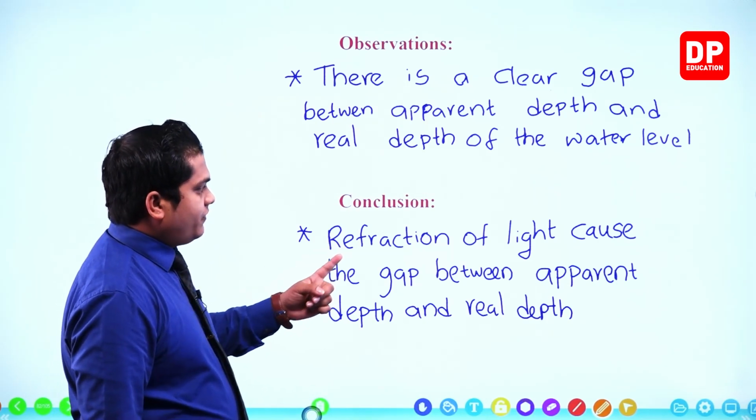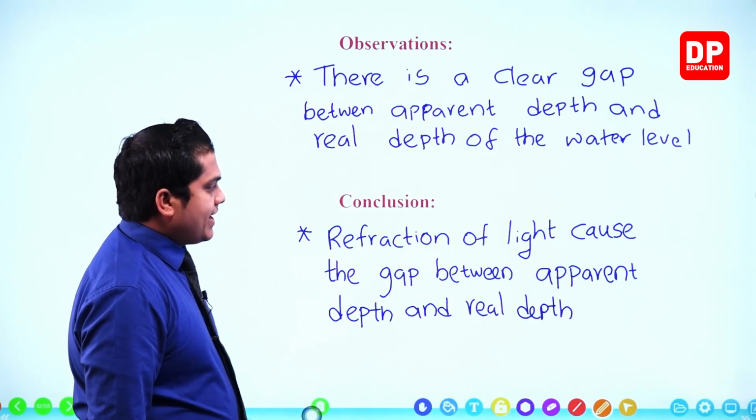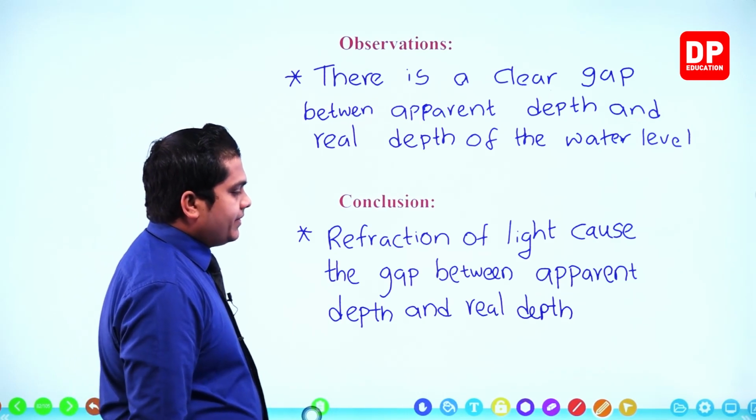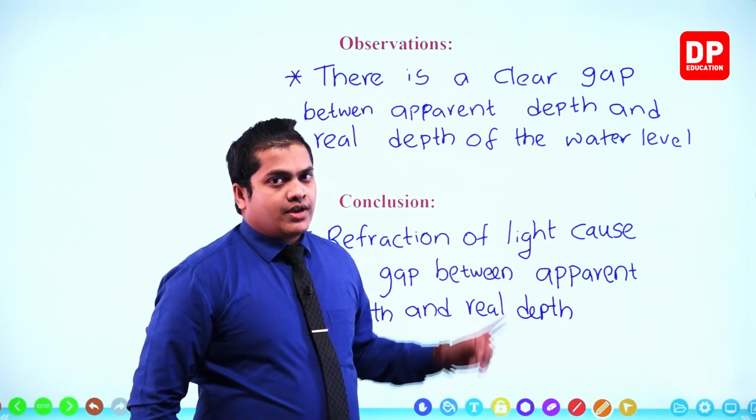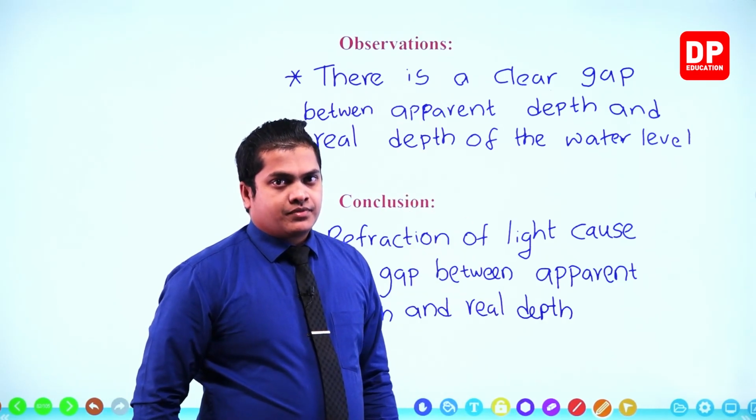So refraction of light causes the gap between apparent depth and real depth. This is the reason, or this is the conclusion for that observation over there, right?